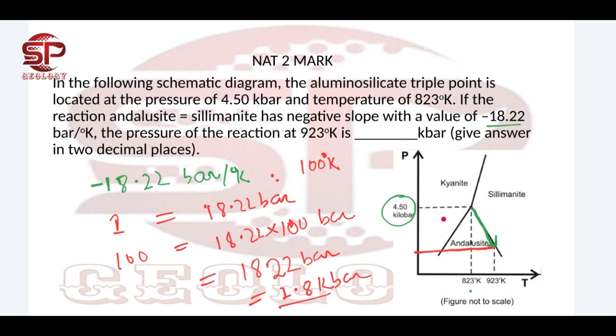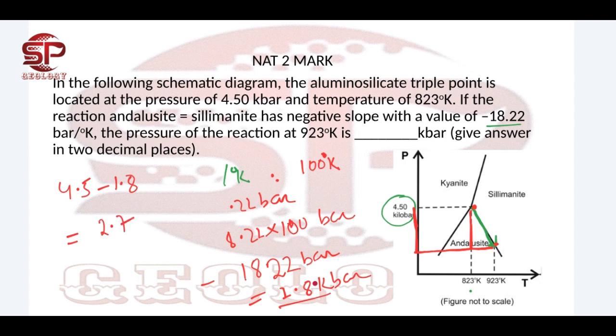Then from this point to this point, the pressure decreases by 1.8 kilobar. The initial point has pressure 4.50 kilobar, so I just have to subtract: 4.5 minus 1.822 kilobar.